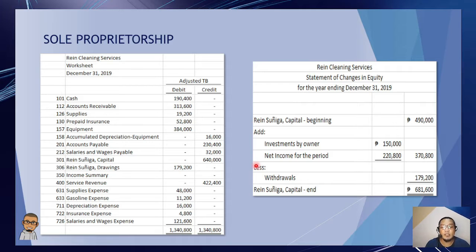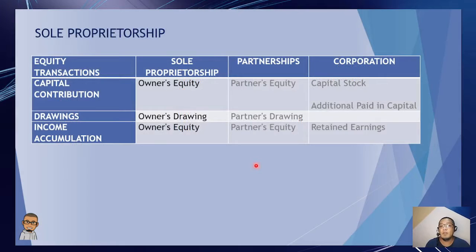Now, how do we see why there is a difference, Sir Ronald? Well, look, first, let us go back to this. For a sole proprietorship, capital contributions are recorded in the owner's equity. Capital contribution meaning the owner's investment. It may be in cash or in kind.